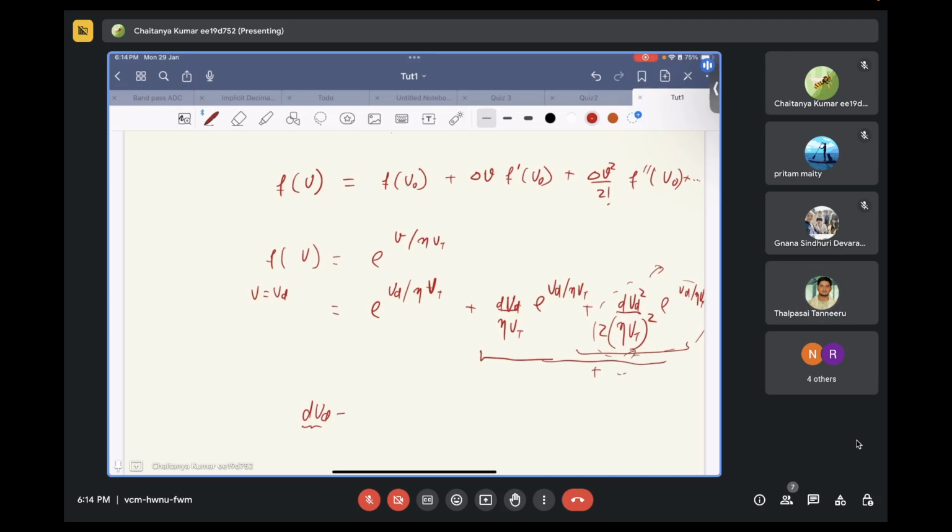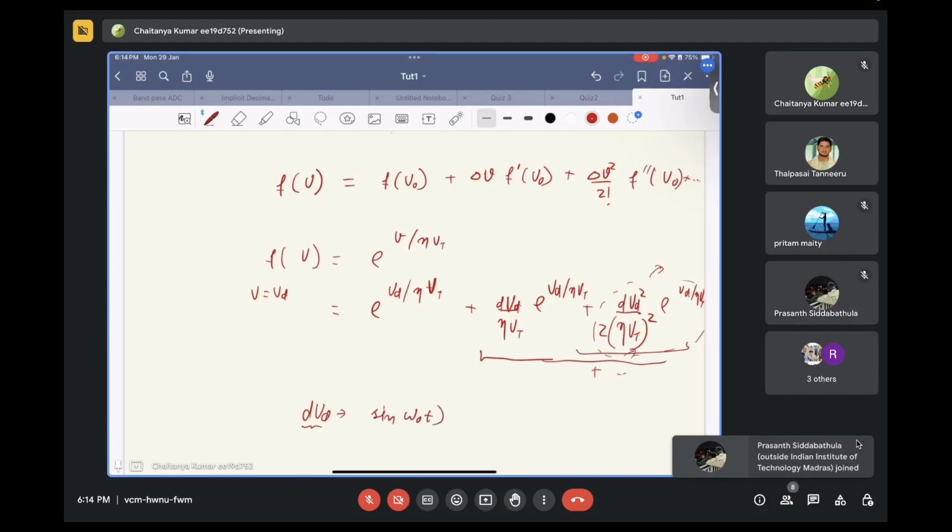Now, let's say your Vd was a sinusoidal signal, sine omega naught t. The dVd square will result in sine square omega naught t, which has a frequency component of 2 omega naught. The dVd cube term will have a frequency component of 3 omega naught.